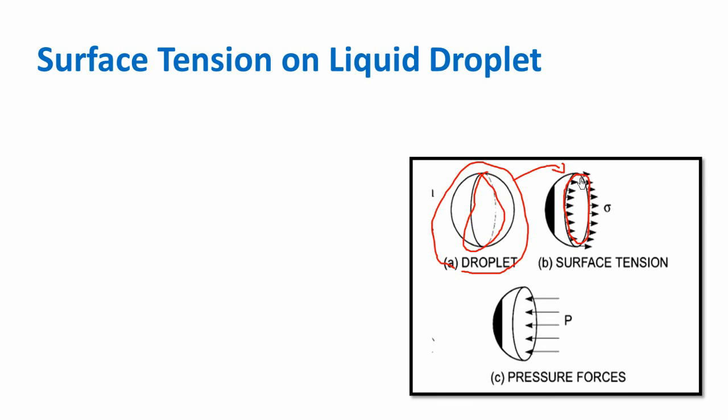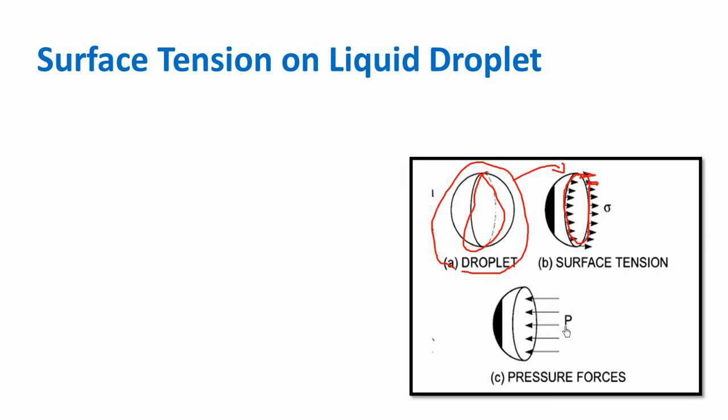This is the surface tension force acting throughout the circumference, but inside we have liquid throughout. I said surface tension is acting only at the surface of the liquid, that means at the circumference only. Inside there is completely liquid.